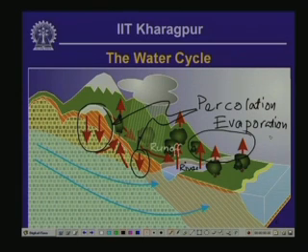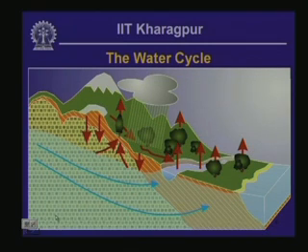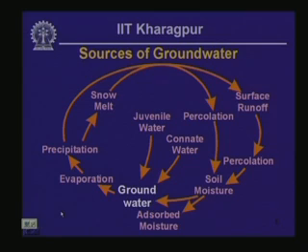Now, the water cycle is associated with the groundwater that is available for human use. Okay. Now, this one here is a more formal representation of the water cycle that we just now learned.